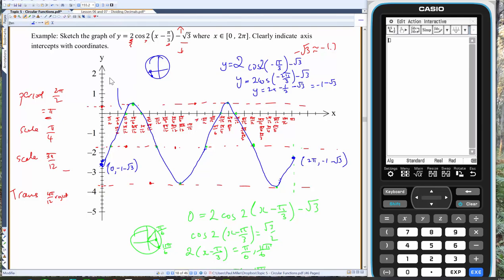All right, now we can start to label our intercepts. So this is pi on 4, 0. This is our maximum value, which is going to be 4 pi on 12. What did I write that as?